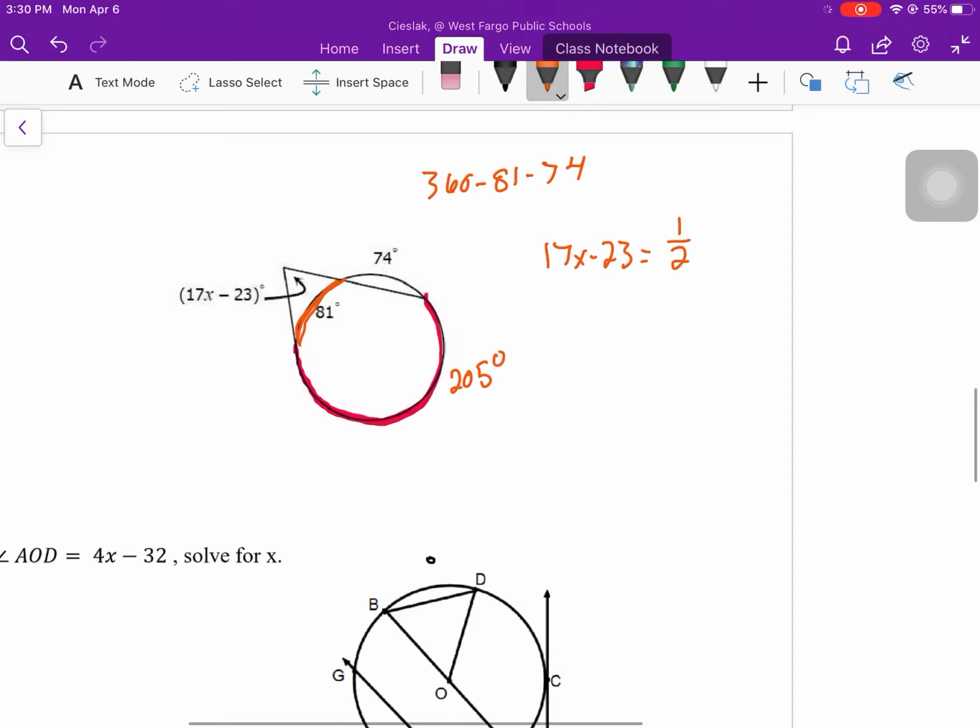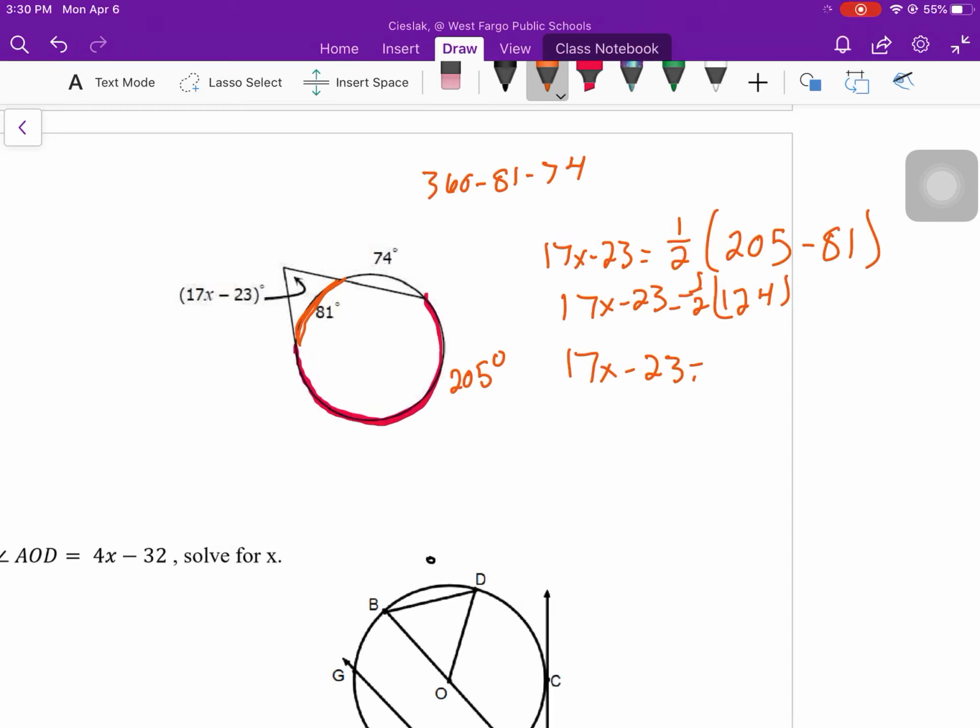Okay, so that angle, 17x minus 23, would be equal to 1/2 of the difference between your larger and smaller arc that are intercepted. So 205 minus 81. This is going to give me 17x minus 23 is equal to... if you do 205 minus 81, that gives you 124.